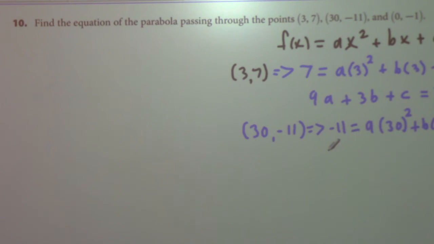So what we have is 900A, and we have plus 30B plus C is equal to our output value of negative 11. So that's how we got this second equation, all right?